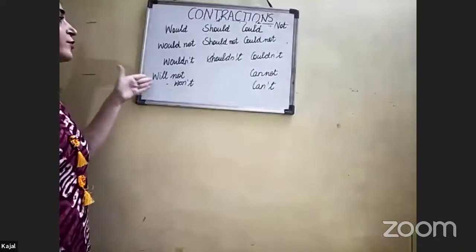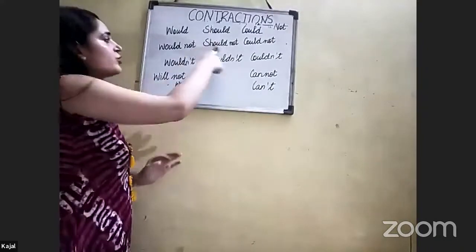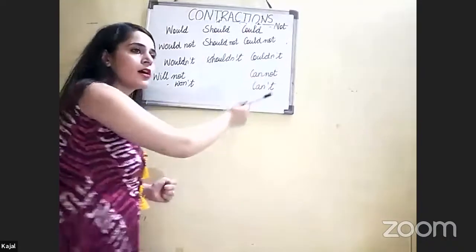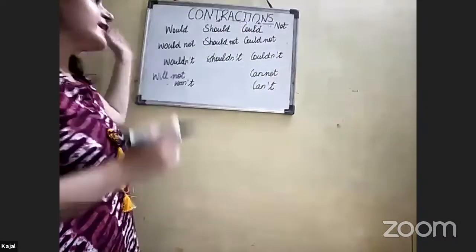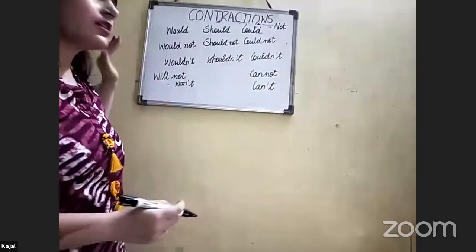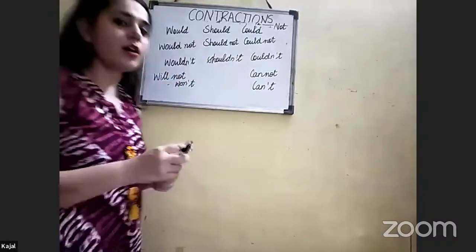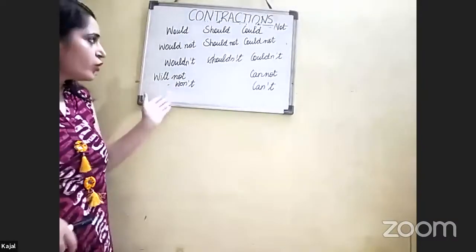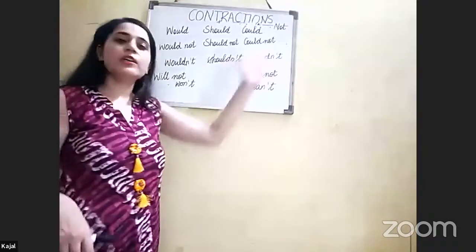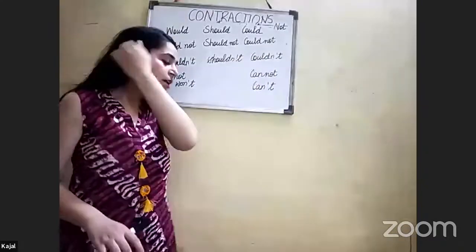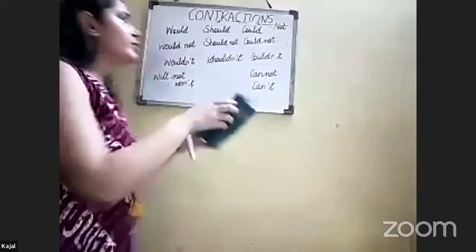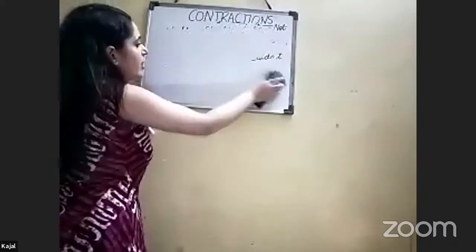Would not, wouldn't, will not, won't. Should not, shouldn't, could not, couldn't, cannot, can't. So these are some more contractions that you can use while speaking. Okay. So we are done till wouldn't, won't, shouldn't, couldn't, can't. These all are contractions that we will discuss in today's session.